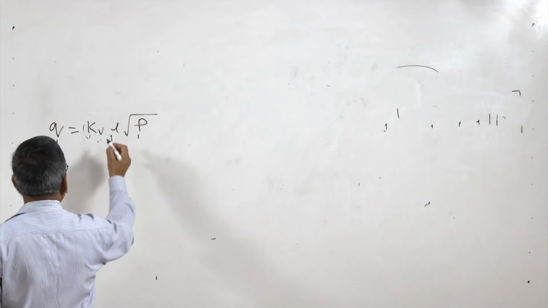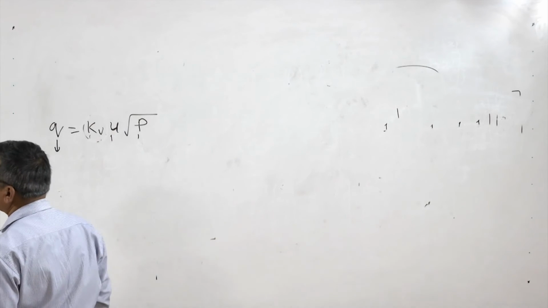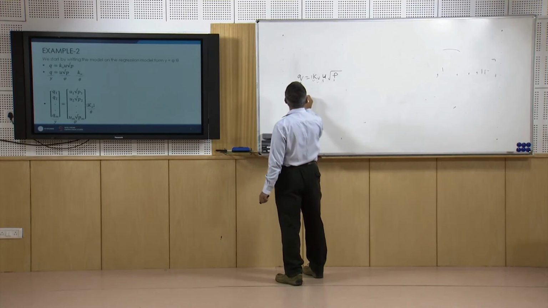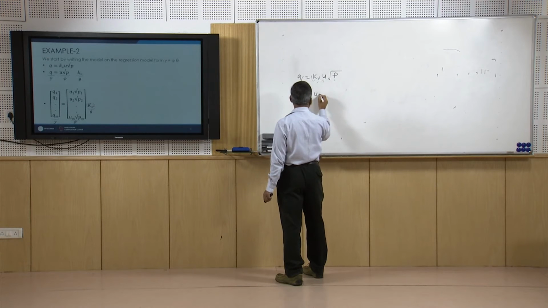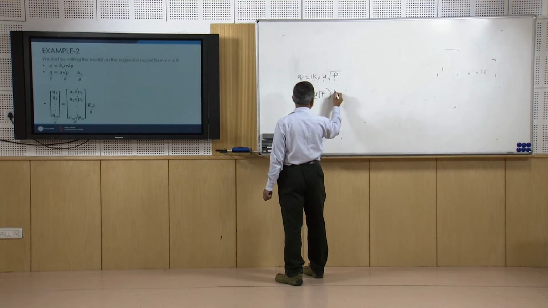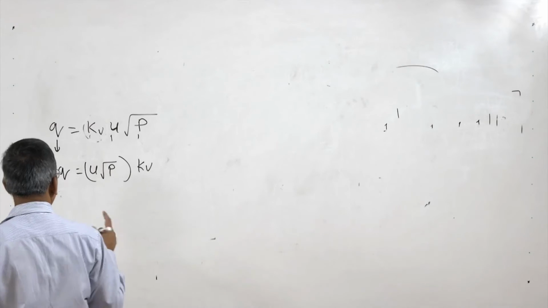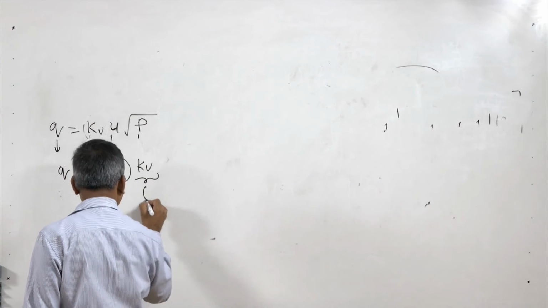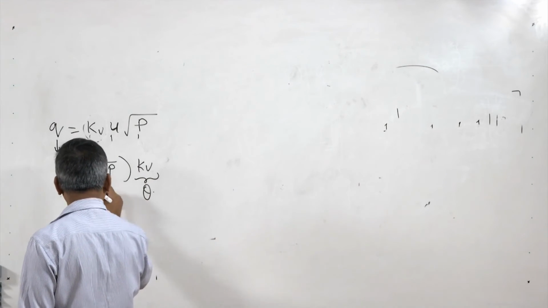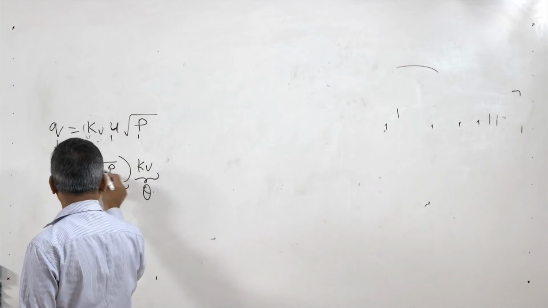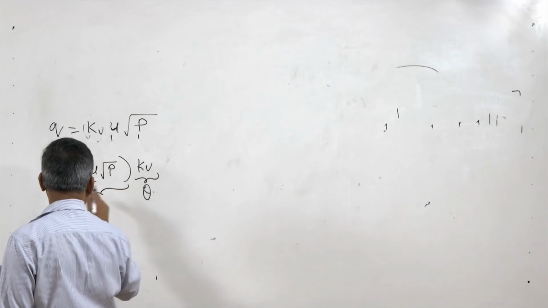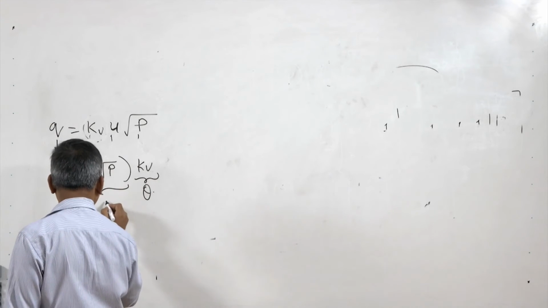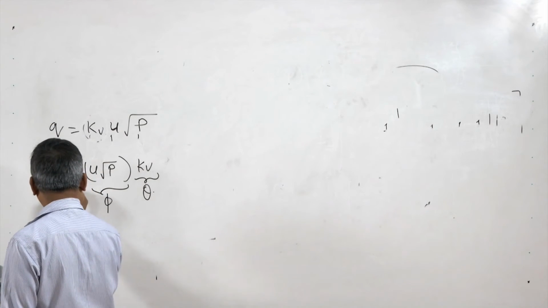So, here I can write this Q as U underscore under root P into KV. Now you see, we are interested in finding out this KV value. So I write this as theta, and U underscore root P, these both are known to me and they are on the right hand side, so I write them as phi, and this Q I am writing as y.